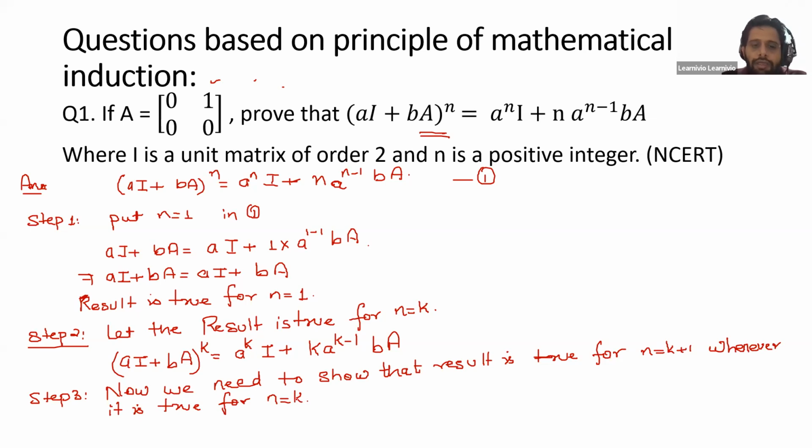Okay, now in step 3, we need to show that the result is true for n is equal to k plus 1 whenever it is true for n is equal to k. So what does that mean?